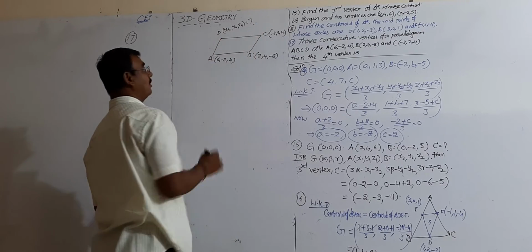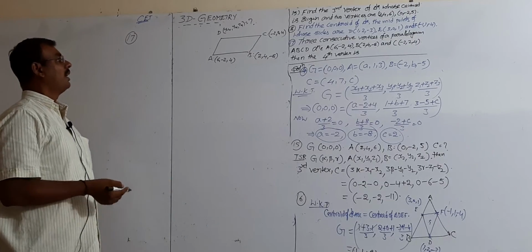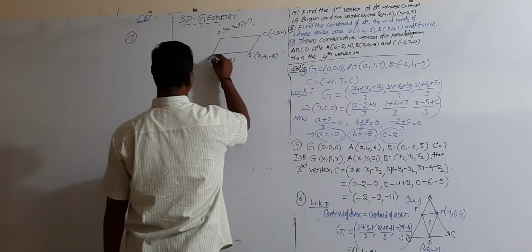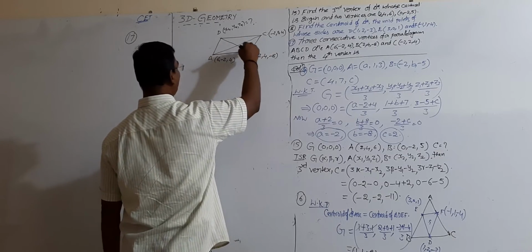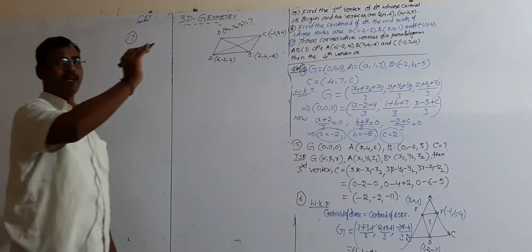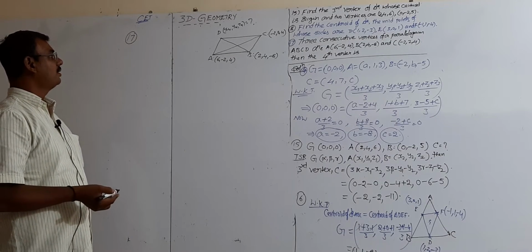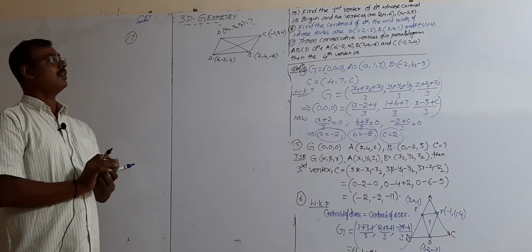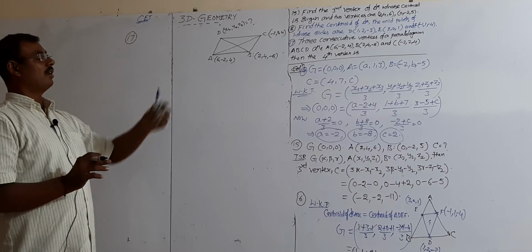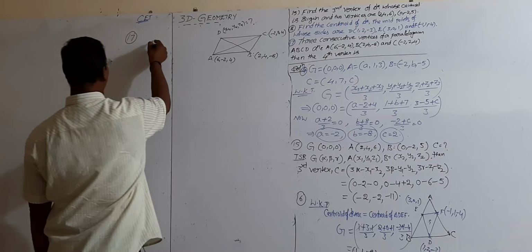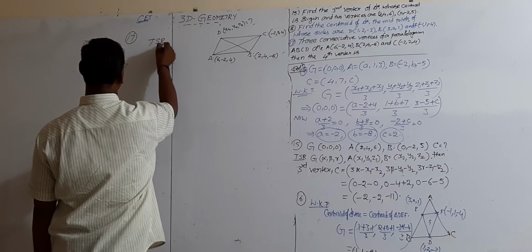To find this, generally the diagonals intersect, so they equate the midpoints, and there are different methods. Instead of this, whenever three vertices of a parallelogram are given, to find the fourth vertex we follow a shortcut.